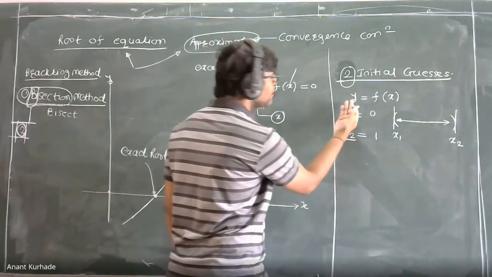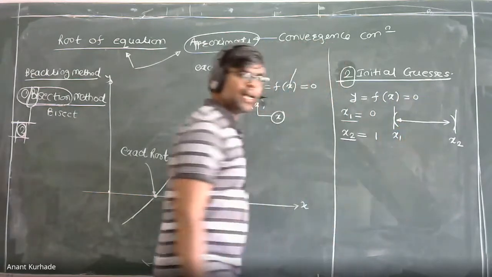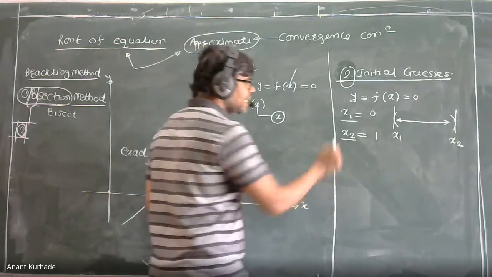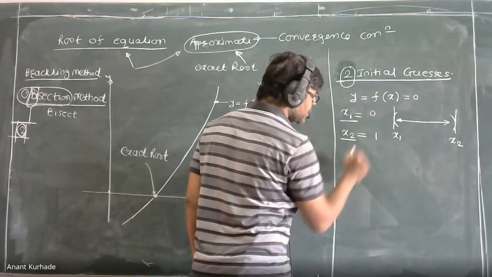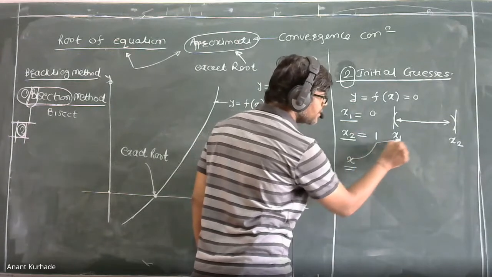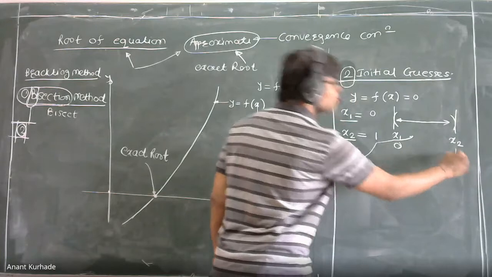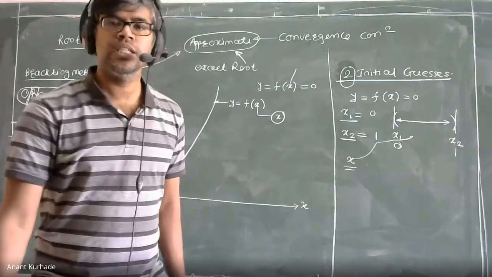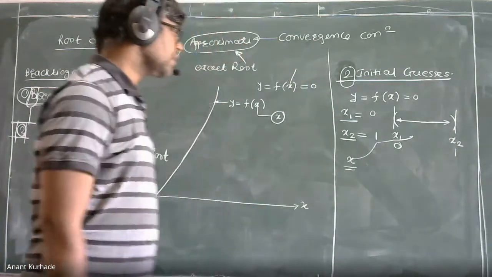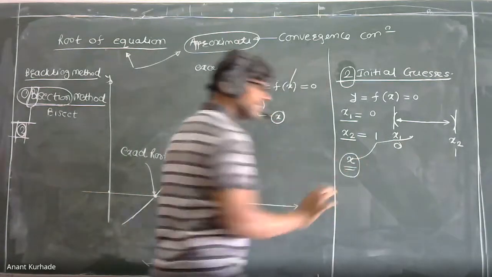We have y is equal to f of x is equal to 0, so the exact or approximate value of x will lie between 0 and 1.